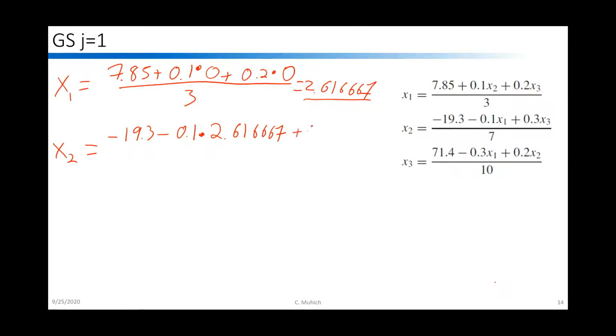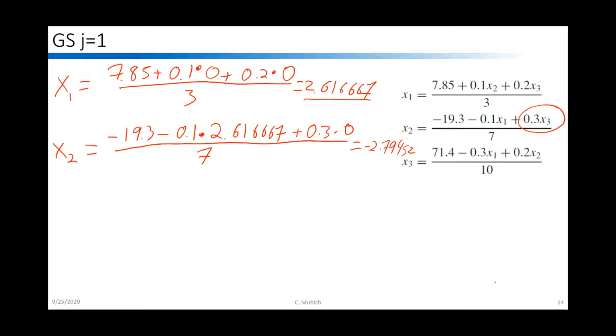Okay, so now we move on to this last piece of the x2 equation: 0.3 times x3. For x3, we don't have any better guess than 0, so it still goes in as 0. We put this all over 7, and when we calculate this out, we get negative 2.79452.